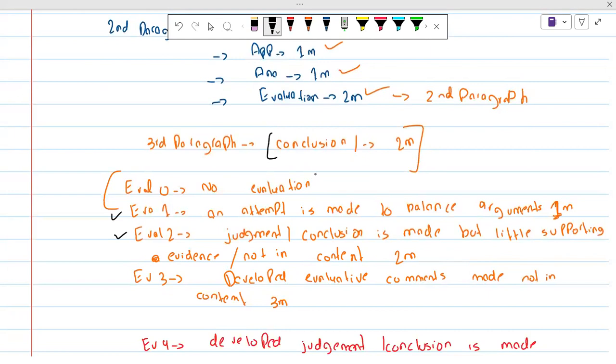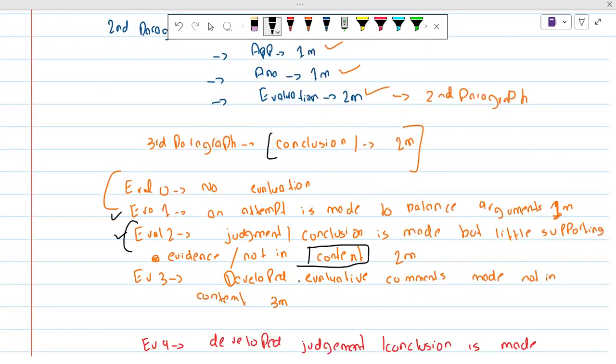If you write some judgment in your final paragraph, but only 1 chain for it, only a very weak supporting comment, and you are writing that comment not in the business context, it means that you will get 2 marks for your evaluation.